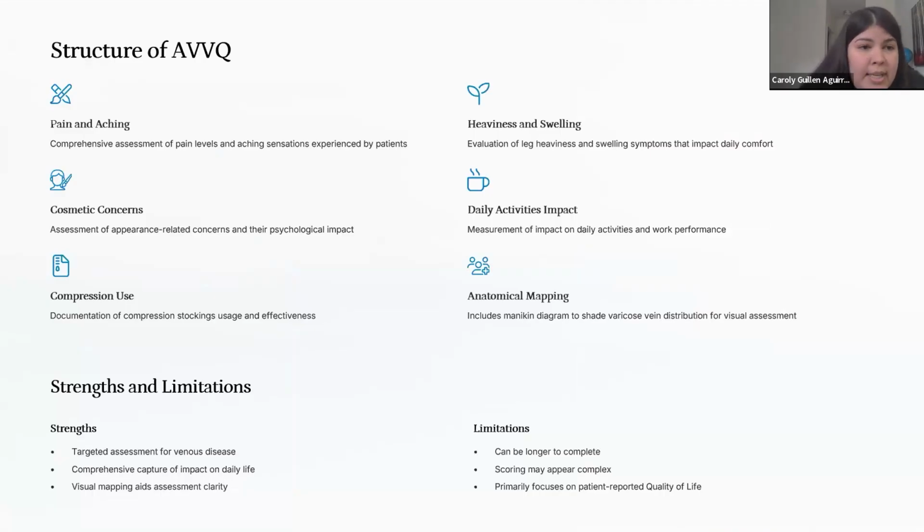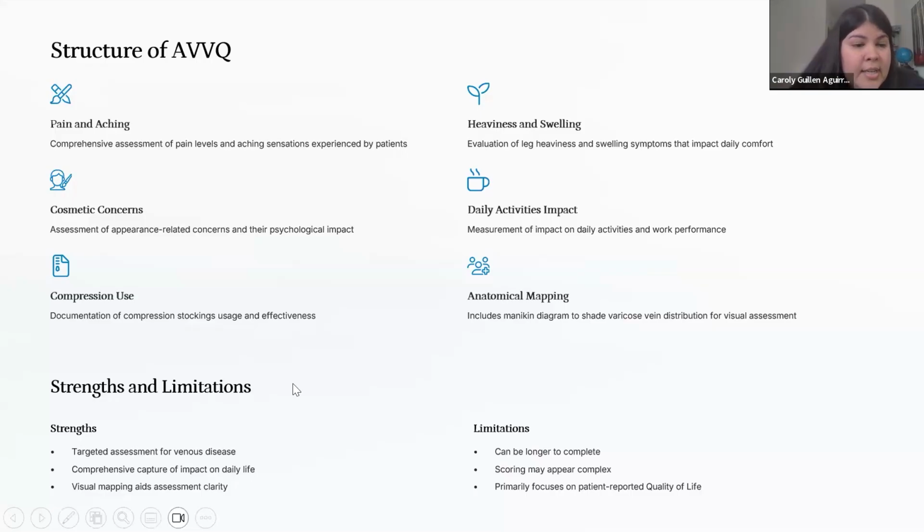The structure is similar: pain and achiness, a comprehensive assessment of pain levels and aching sensation experienced by patients; cosmetic concerns, an assessment of appearance-related concerns and their psychological impact; compression use; heaviness and swelling; daily activities impact; and anatomical mapping, which includes a diagram to shade varicose vein distribution for visual assessment.